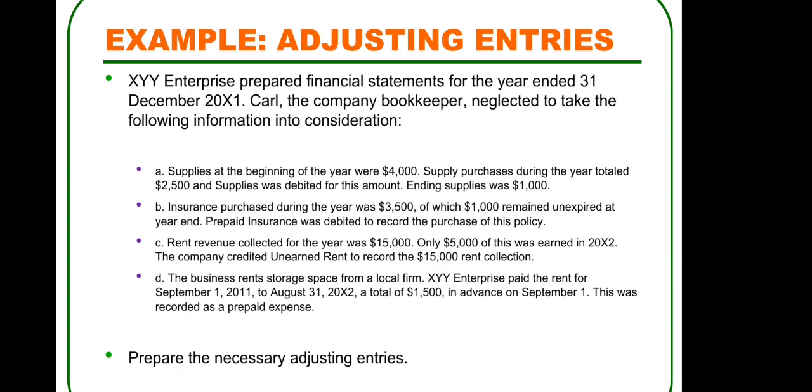Okay, let's see item 3. Rent revenue collected for the year was 15,000. Only 5,000 of this was earned in 2000X2. The company credited unearned rent to record the 15,000 rent collection. So this is adjusted entries for unearned revenue.